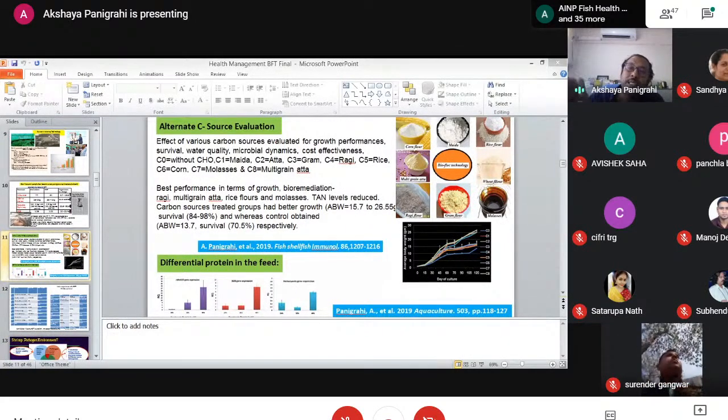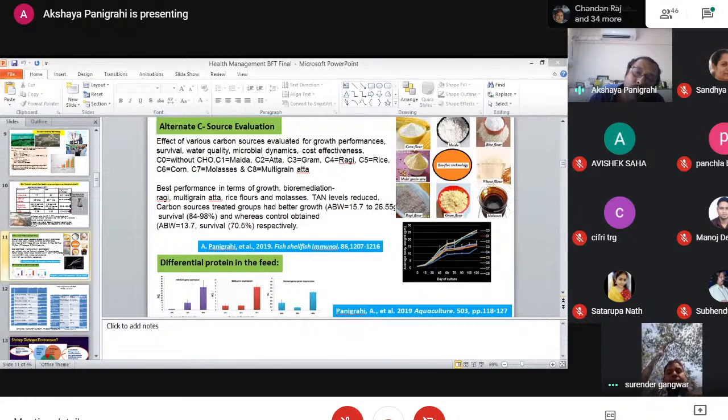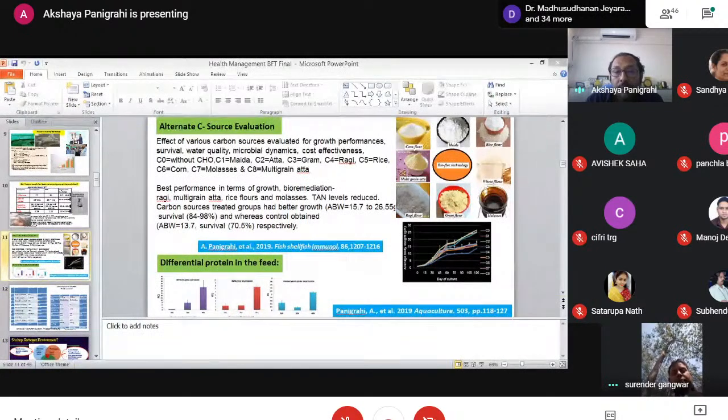You don't encounter any diseases, and under biofloc conditions, it's not easy for any other virus or bacteria to ingress and cause any big mortality. But in the field, it is not translated that way, because when the pathogen somehow gets entry, this media and all this carbohydrate supply also gives a conducive environment for the pathogen.